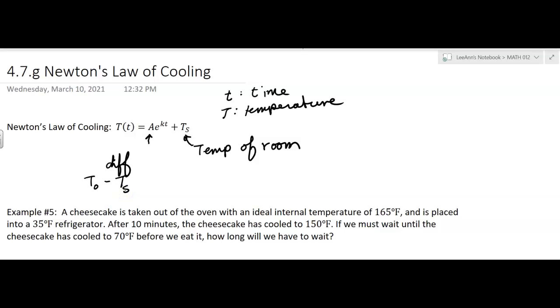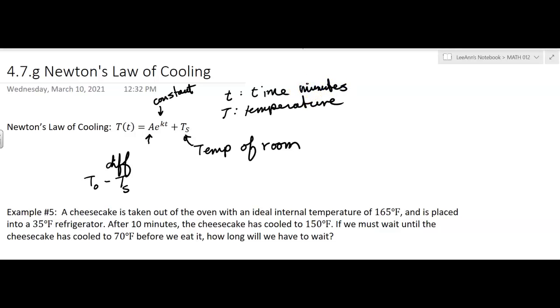So it's the difference between the original temperature of the item minus the surrounding temperature. K is going to be your constant, and we know all about E. Yes, it was in minutes for the time, so I'll just put that.